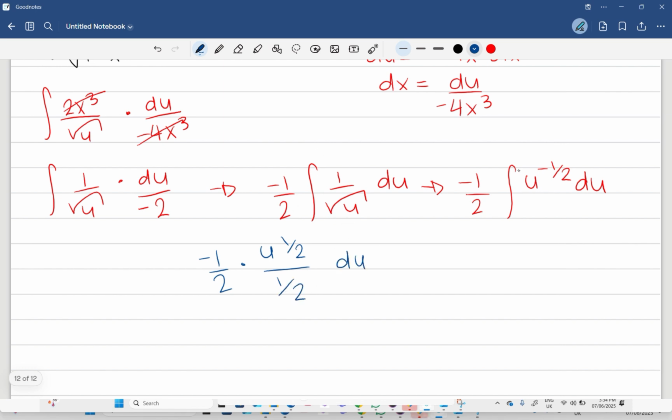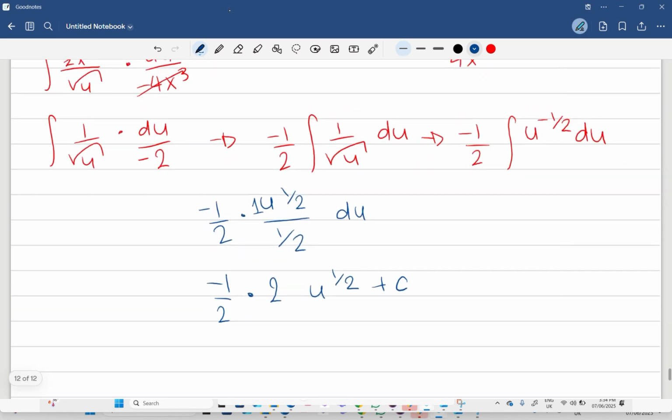Because I did here negative 1 over 2 plus 1 for the integration. Then negative 1 over 2 multiplied by 1 divided by 1 over 2 is going to give me 2 u to the power of half plus c. No, here it's wrong. It should not be du, it should be plus c. Okay, then what am I going to get?